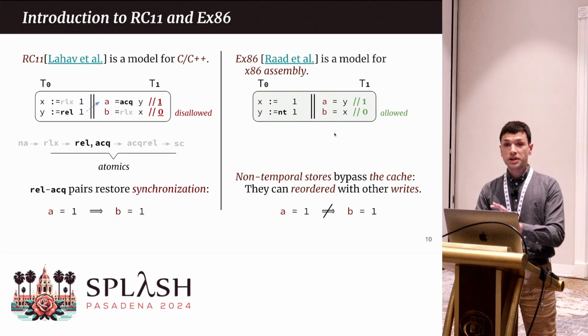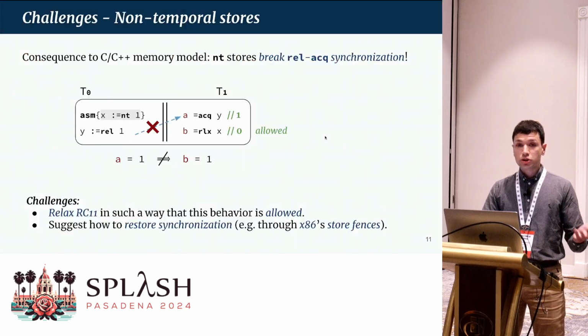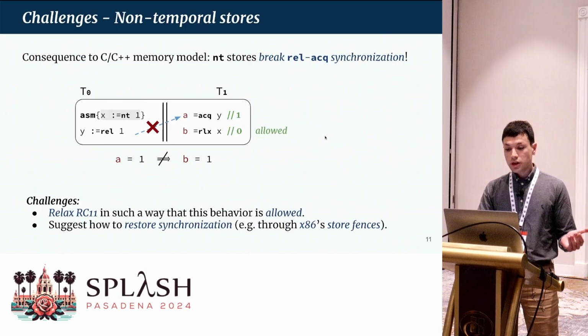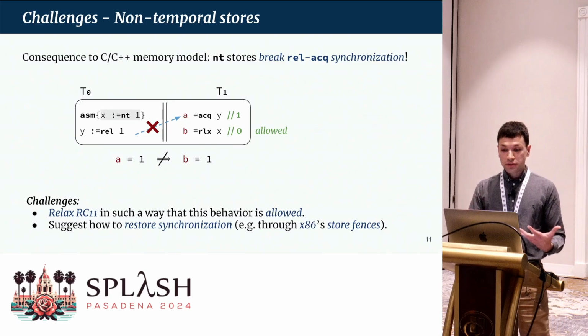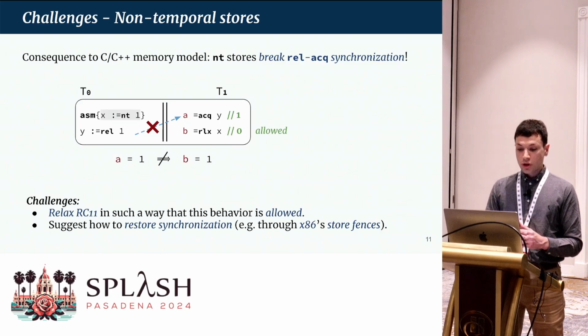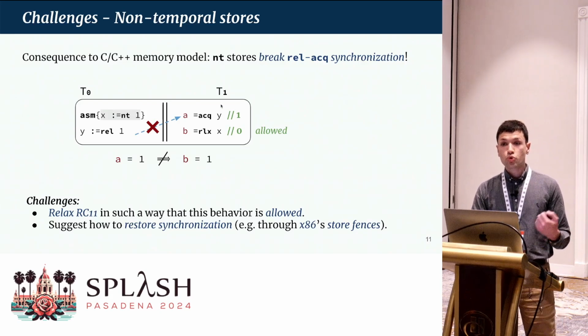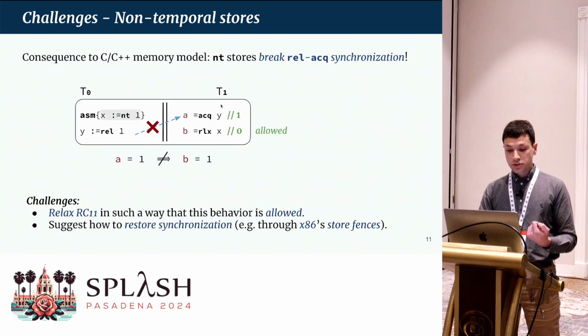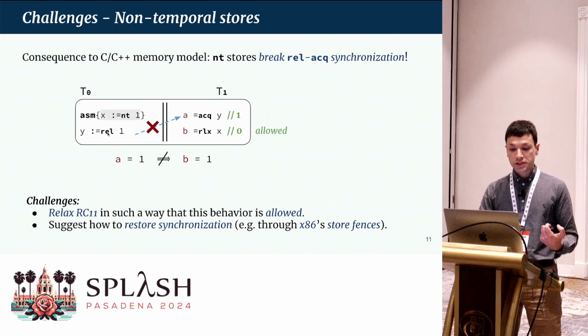So having understood this, we can already appreciate the first incompatibility between the C++ memory model and the x86 memory model. And we can see that a non-temporal store breaks release-acquire synchronization. So a release write, when the target of compilation is x86, is compiled to a plain write.